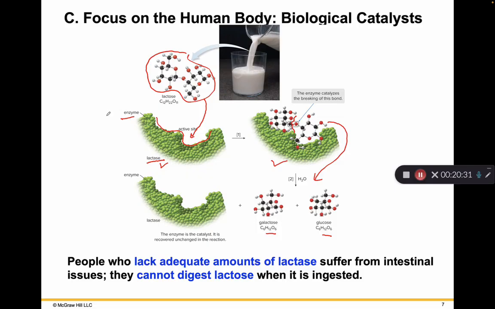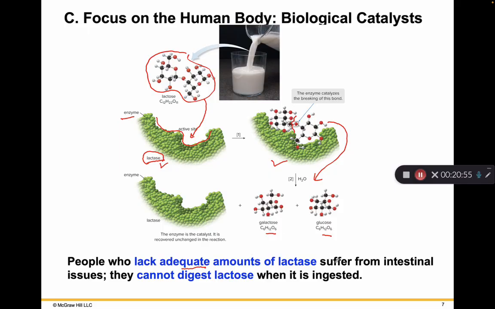So you might have heard of people who are lactose intolerant. They have to drink milk that is lactose free. Actually, lactose free milk means they have added lactase enzyme in that milk, because those people do not have an adequate amount of enzyme in the body.